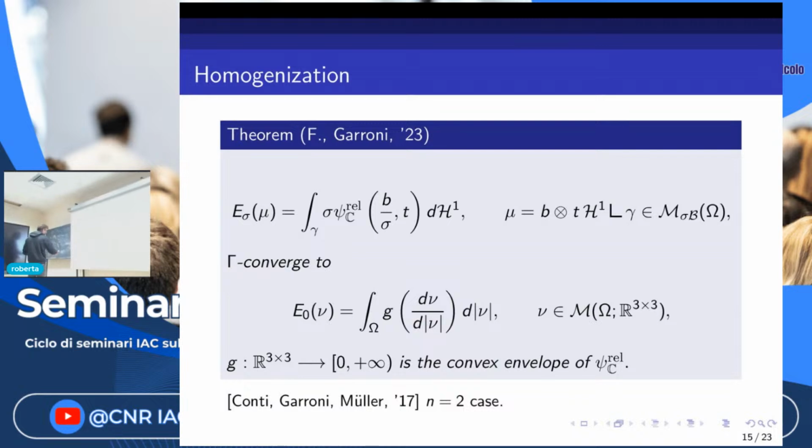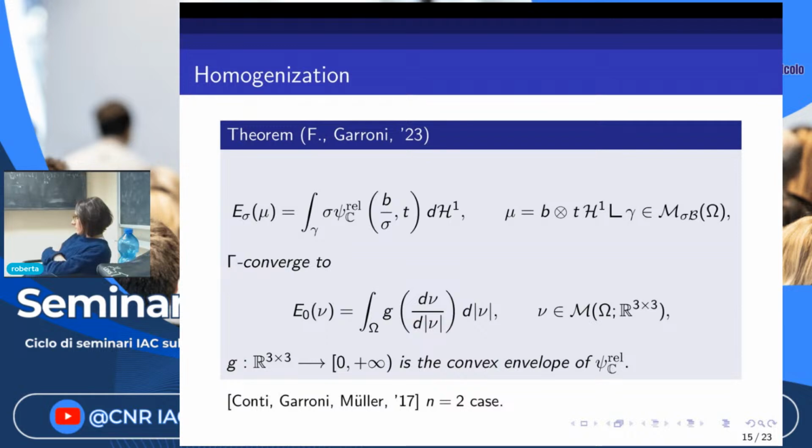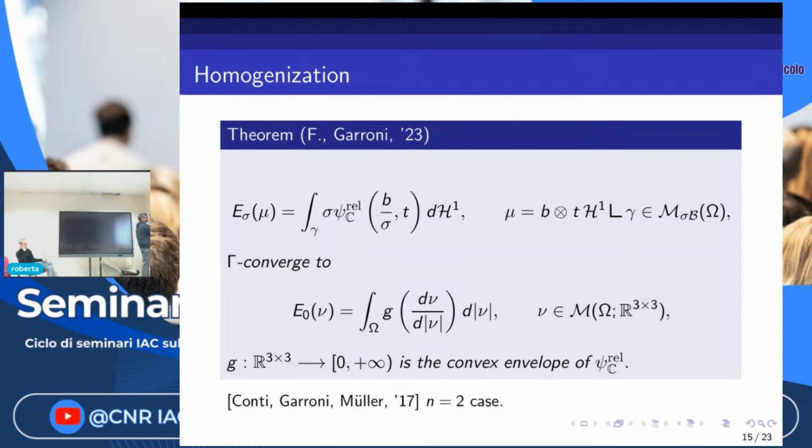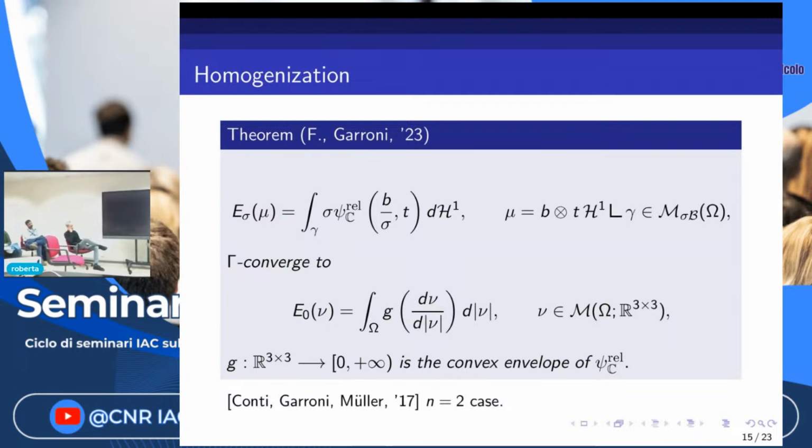So what we studied so far is the logarithmic rescaling of the elastic energy.